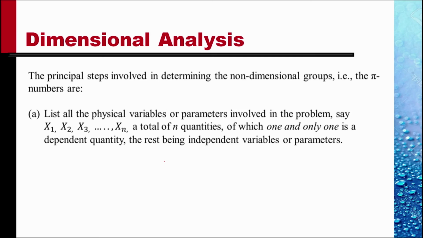The principal steps involved in determining the non-dimensional groups, which are the pi numbers that we've introduced earlier, are: list all the physical variables or parameters involved in the problem, say x1, x2, ..., xn, a total of n quantities, of which one and only one is a dependent quantity, a dependent variable or parameter, the rest being independent variables or parameters.